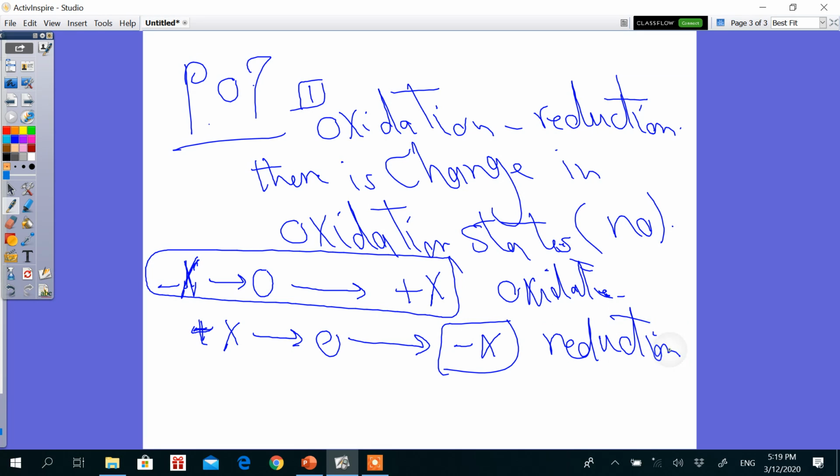So we can consider that a rule. So the answer of number 1: what differentiates an oxidation reduction reaction is a change in the oxidation states or oxidation values.